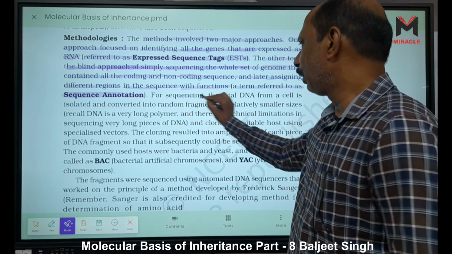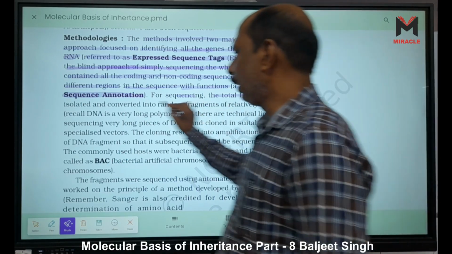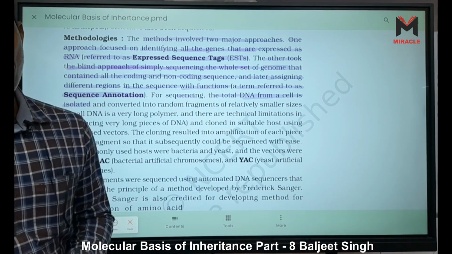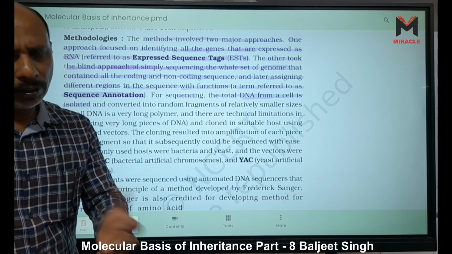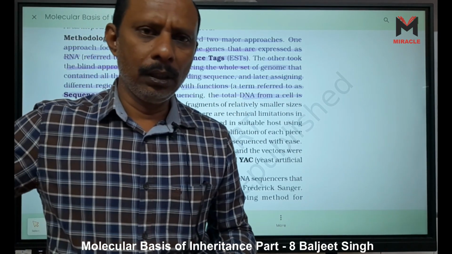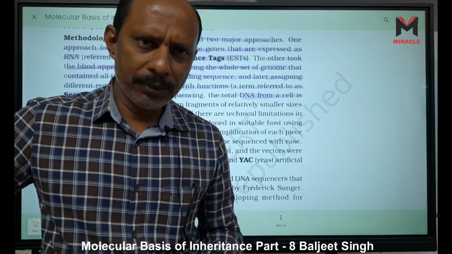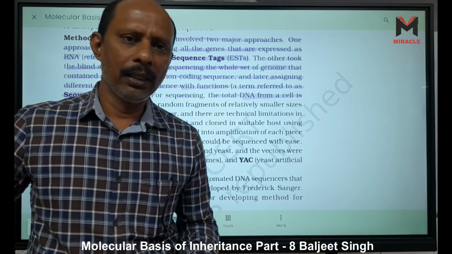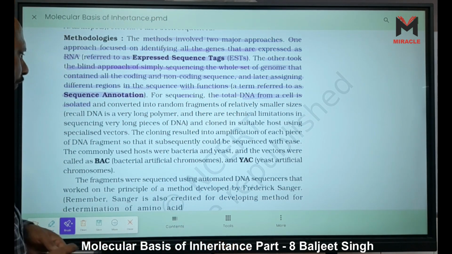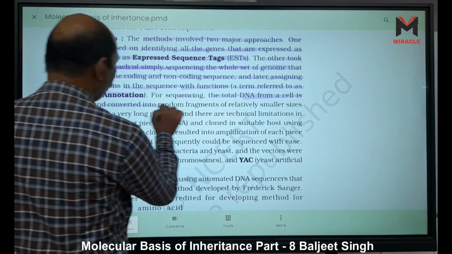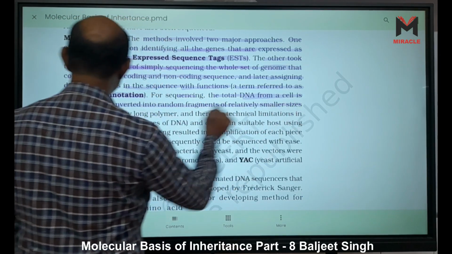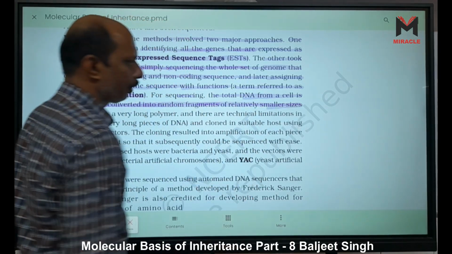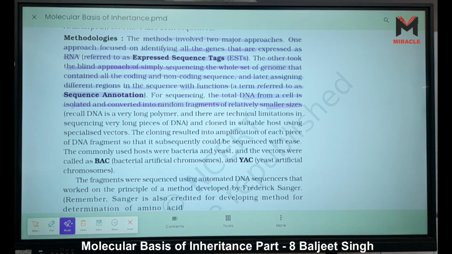For sequencing, the total DNA from a cell is isolated. First, we have to isolate the DNA, right? We isolate the DNA with the help of different enzymes, RNase enzymes, protease enzymes, ligase enzymes, right? And then centrifugation, and convert it into random fragments of relatively smaller size by using restriction endonuclease enzymes, right?